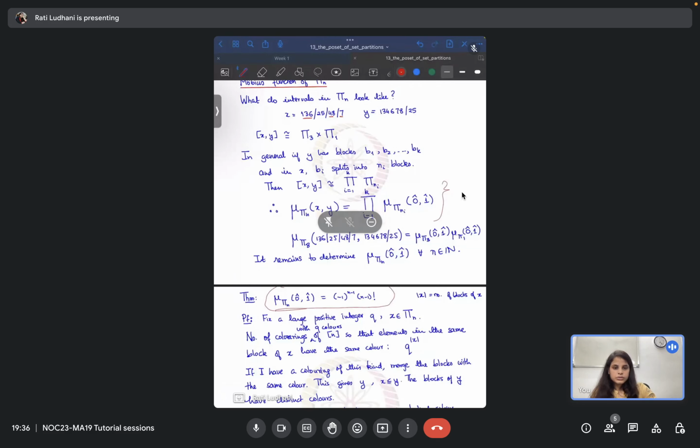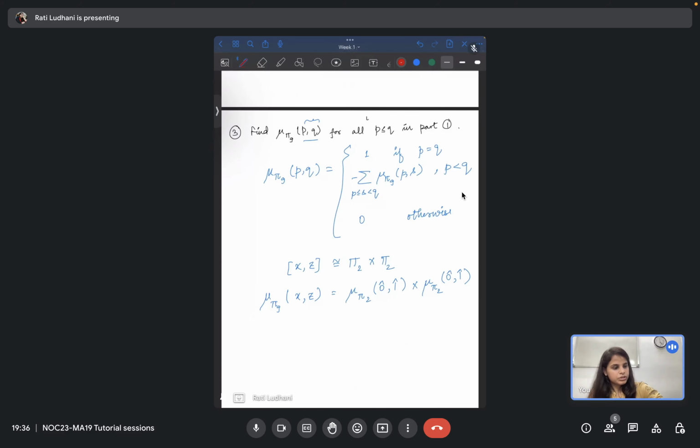Is that formula clear? I'll just use it for a question. So you have the value equal to mu of pi n, where this is the least element and this is the greatest element.